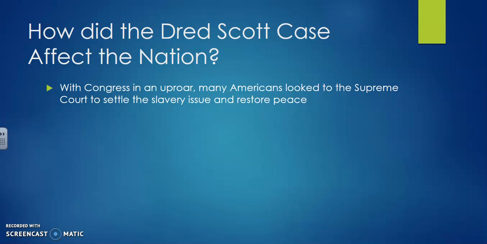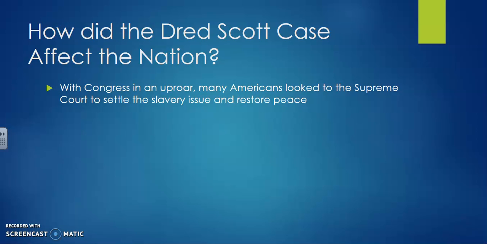Now, with Congress in an uproar, many Americans will now look to the Supreme Court to settle the slavery issue and restore peace. The reason you can look to the Supreme Court to do this is those are not elected officials. They don't have to worry about being recalled or having to run for reelection.